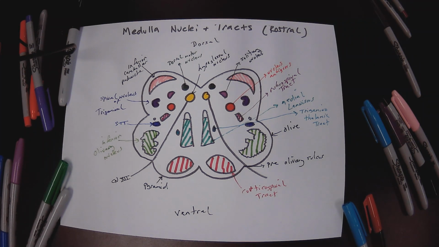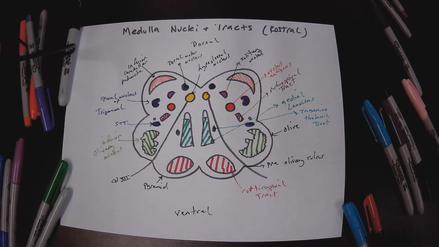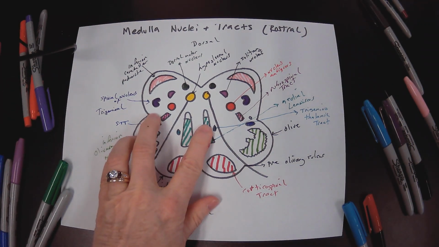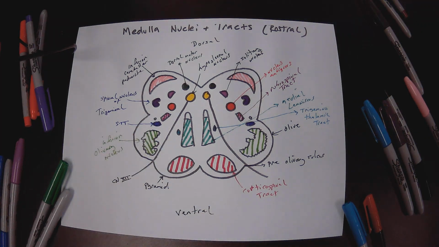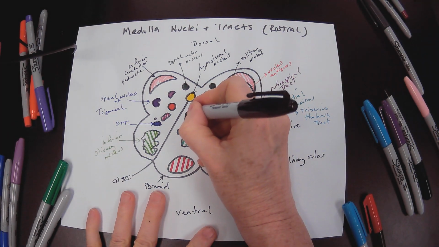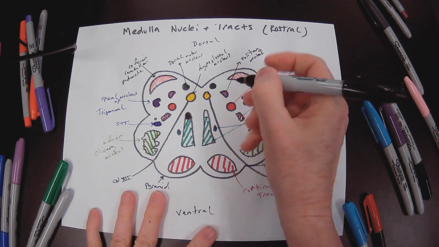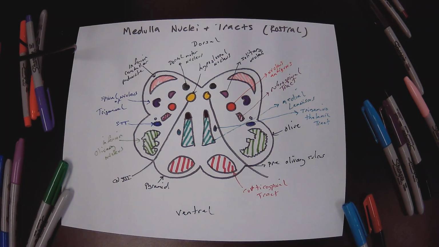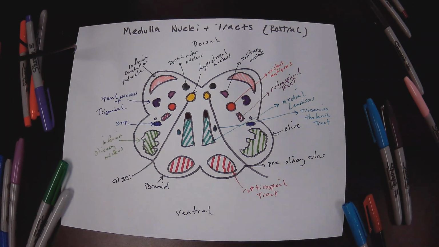Okay, now there's a couple here that we haven't talked about yet. Let's start with one of them, and I'm just going to keep them black in color. This makes it easy to see. Usually somewhere around the area of this medial lemniscus, there's going to be something that also has medial as part of its name. This is something that we're going to talk about when we get to the vestibular portion of the course.